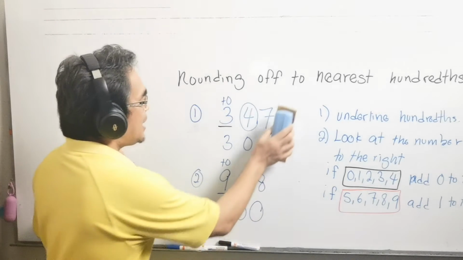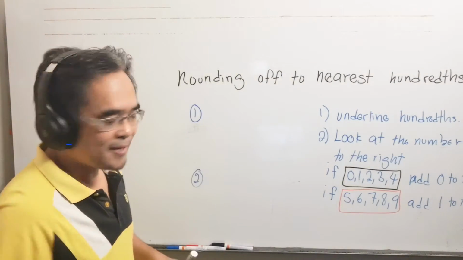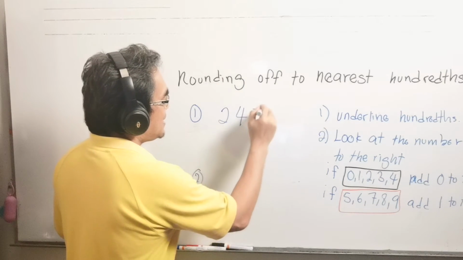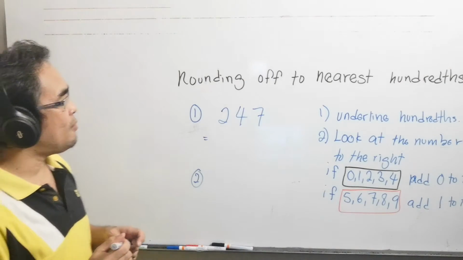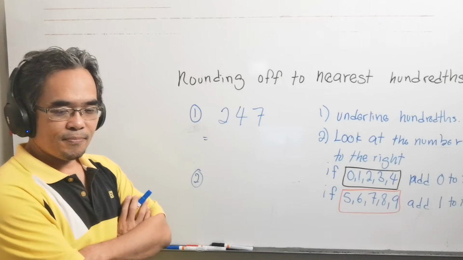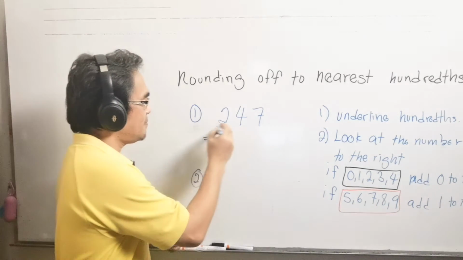Okay, done? Okay, now I want you to try. 247. What is the answer if you round off to the nearest hundreds? Yes, correct.